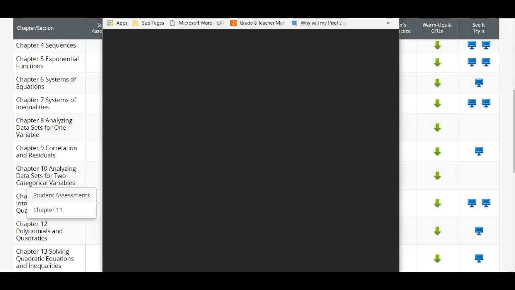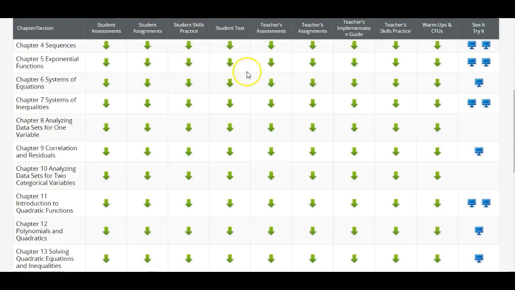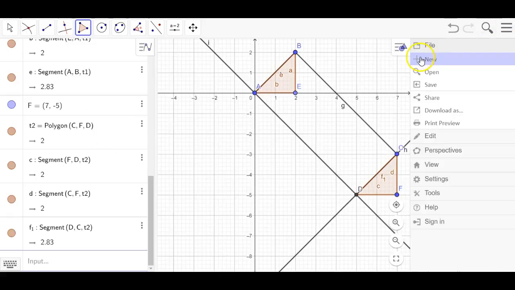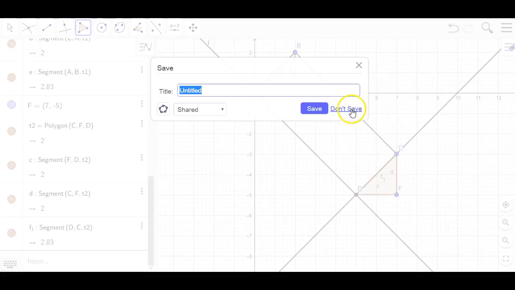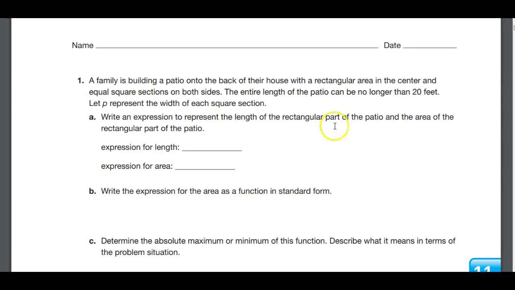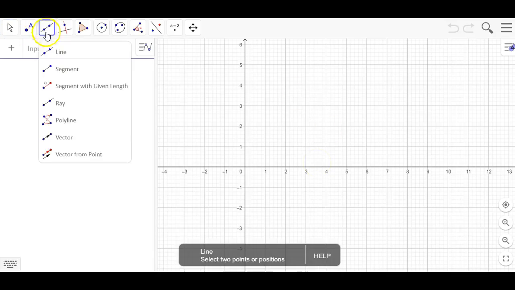Hold on, I'm gonna go here and I'm gonna try and make something like that. So it is a rectangular area, right? And equal square sections on both sides. Okay, so I'm going to try to do this just real quick.